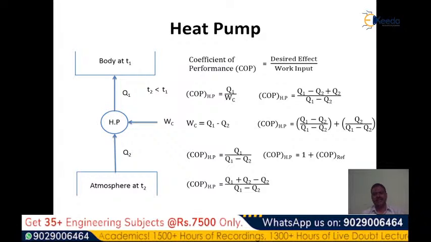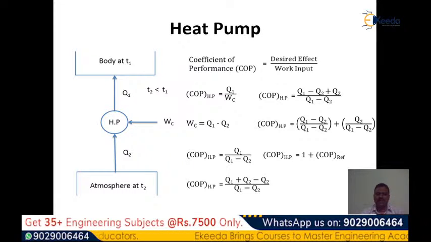Whereas the refrigerator and heat pump decide at what rate they will absorb heat from the low temperature reservoir and how much heat they reject to the high temperature reservoir, which is the performance of a refrigerator.